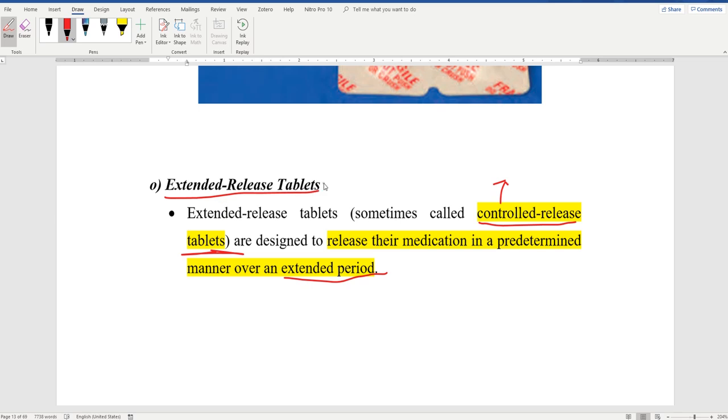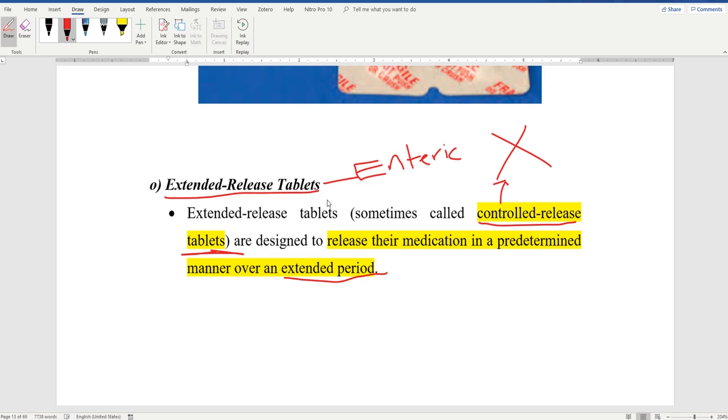طيب هل الانتريك coating, هل الانتريك coating is extended release? The answer is no. إذن الانتريك coating is not extended release.